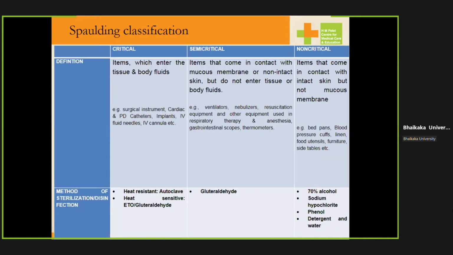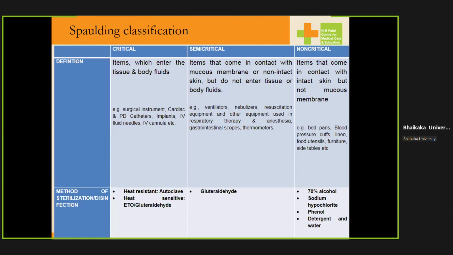Now, a very important thing which should help you in selecting a method of sterilization and disinfection is this classification, which is known as Spaulding classification. This is very important from your exam point of view. This is also very important from a concept point of view when you are working in your own hospital or clinic, because many times a question will come to you: what should I do to this particular item?